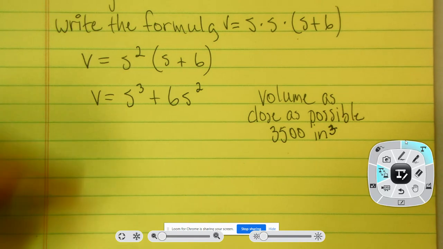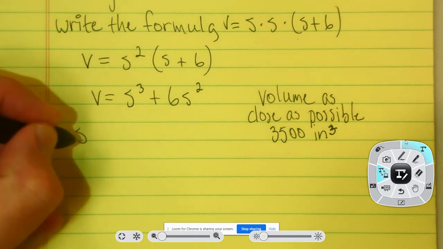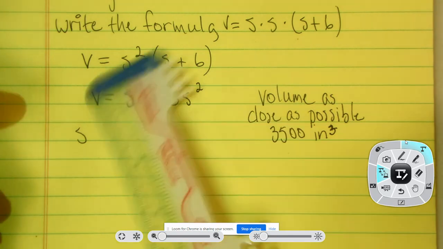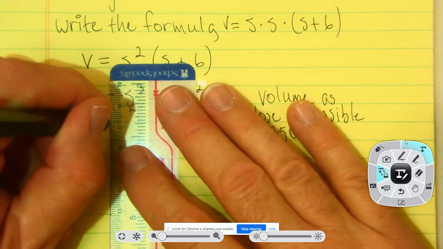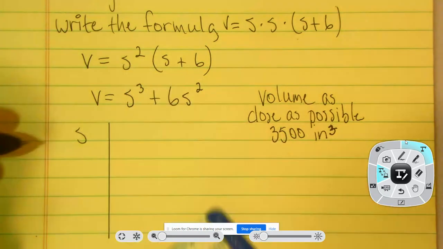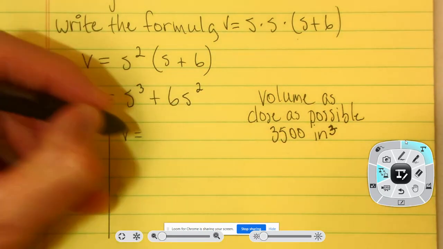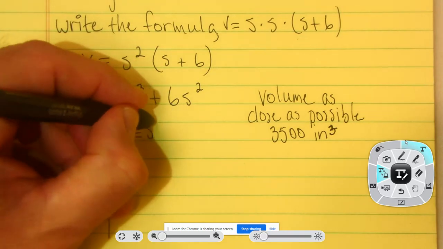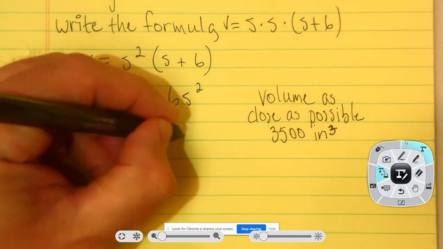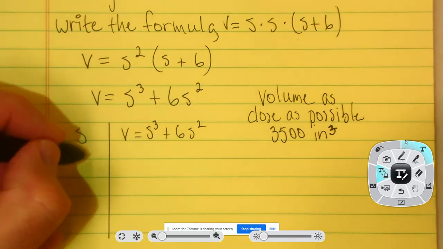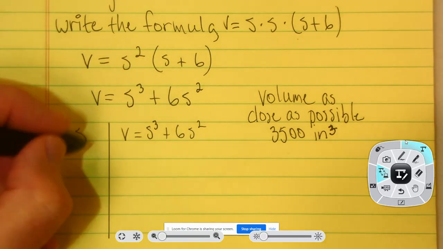So I'm going to start out with some values for S and create a bit of a chart, and then find the volume for those values. Let's let S be 14.